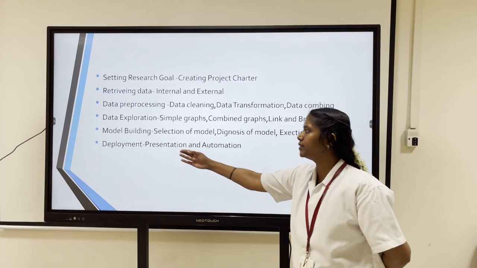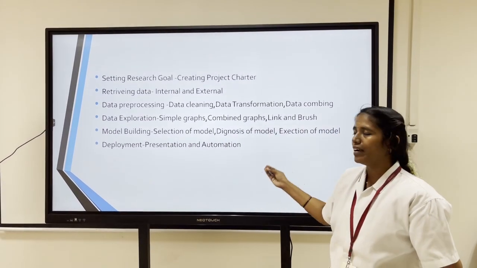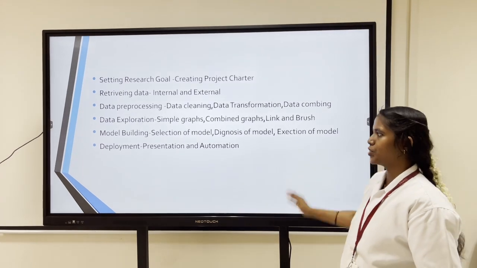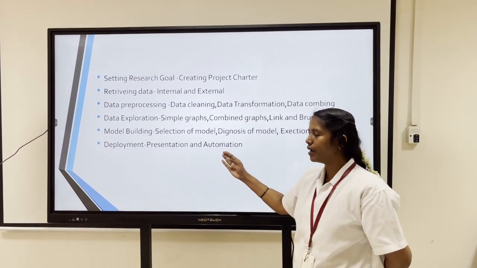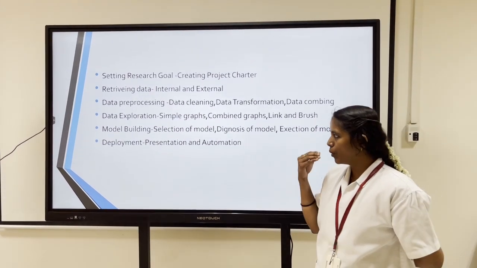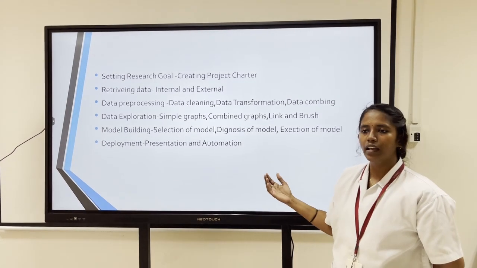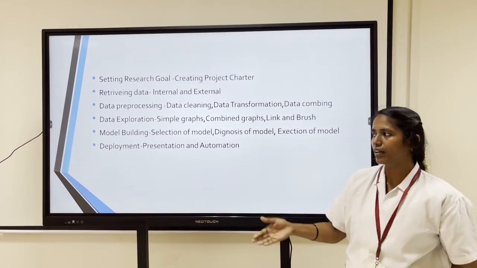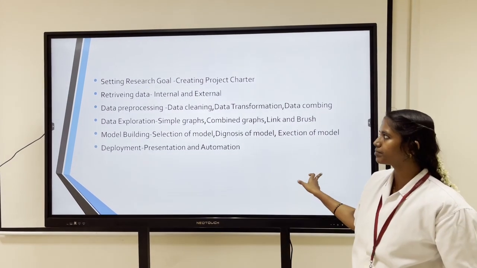Then the next one is data modeling. Data modeling is nothing but the selection of the model, diagnosis of the model and execution of the model. The final one is data deployment. It presents the results and, if it is going to be deployed, then feedback leads to automatic refinement.